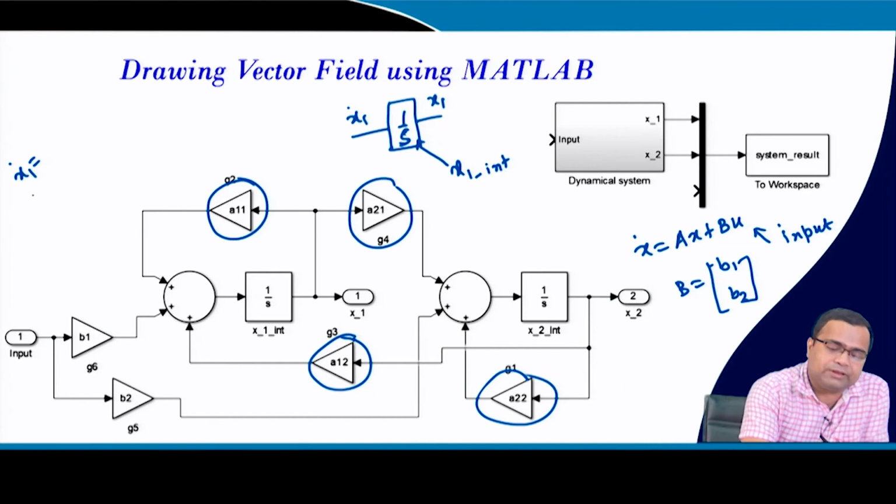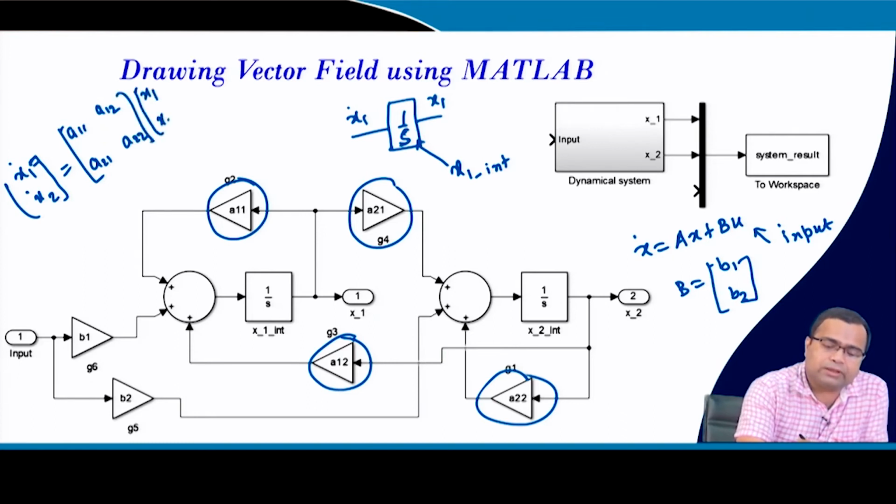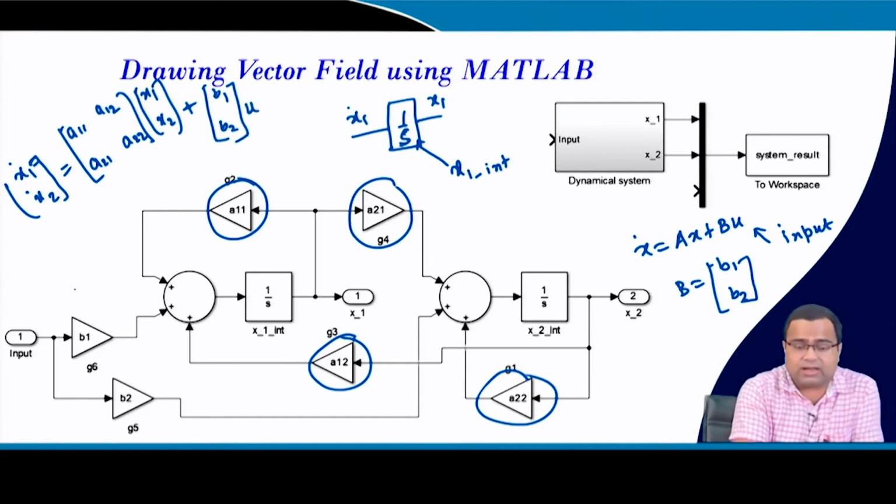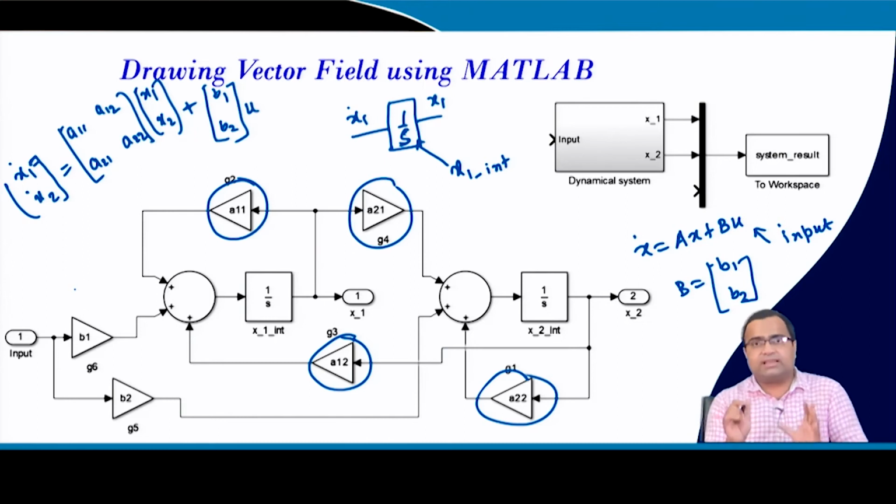X1 dot, X2 dot will be A11, A12, A21, A22, times X1, X2, plus B1, B2 into U. So, this is what I have exactly realized.